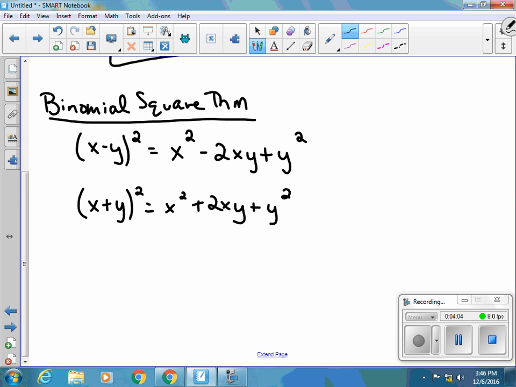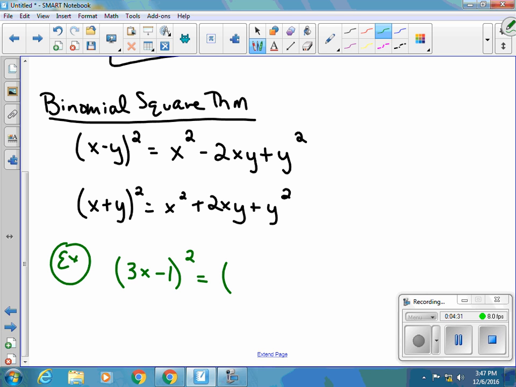A lot of people, when they see x plus y and then the square, will take x squared and y squared and forget about the middle term. So make sure that you do not forget the middle term. Let me show you an example. Let's say that I have 3x minus 1 squared.